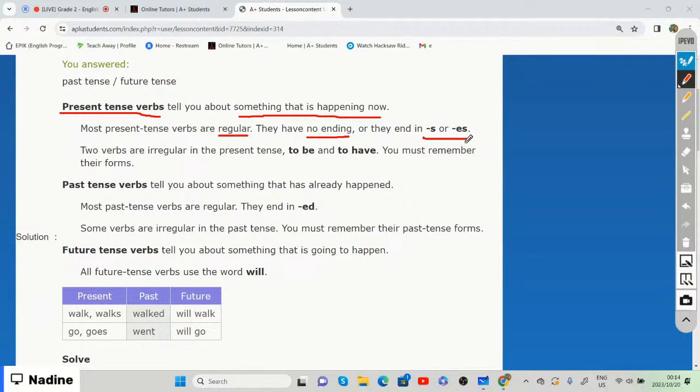And when the two verbs are irregular in the present tense, which is either to be or to have, then you must basically just remember their forms.